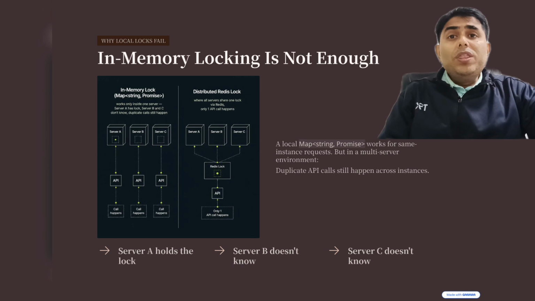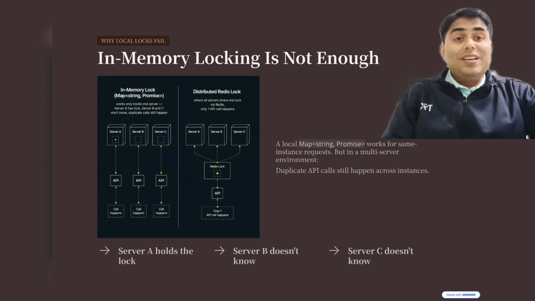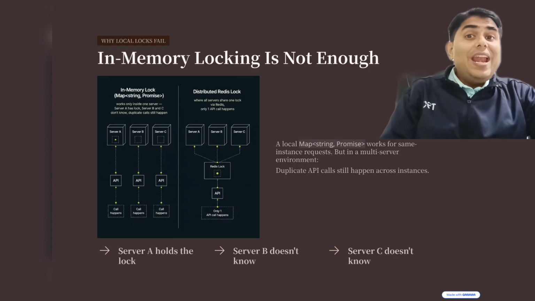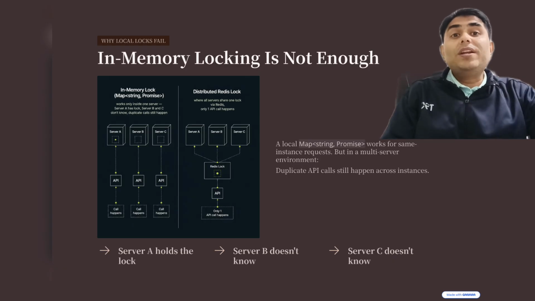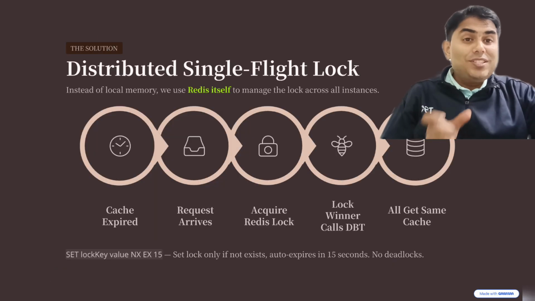So without a lock, what will happen? If there are 10 requests, let's say, then 10 DVD API calls. Traffic spikes, and as a result, possible timeout or rate limit. And what will happen if we use distributed single flight?